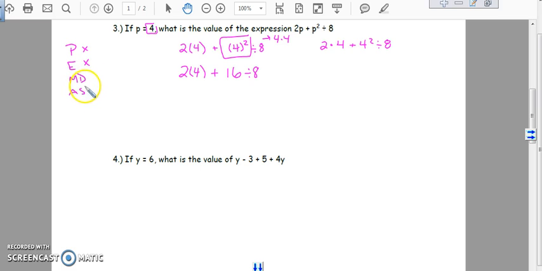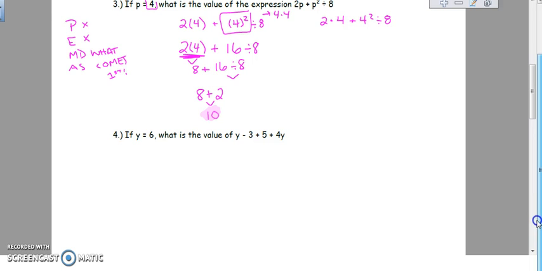I actually have both, but I do what comes first. So it happens to be this. So 2 times 4 is 8 plus 16 divided by 8. I still have multiplication division. 16 divided by 8 is 2, and 8 plus 2 is 10.